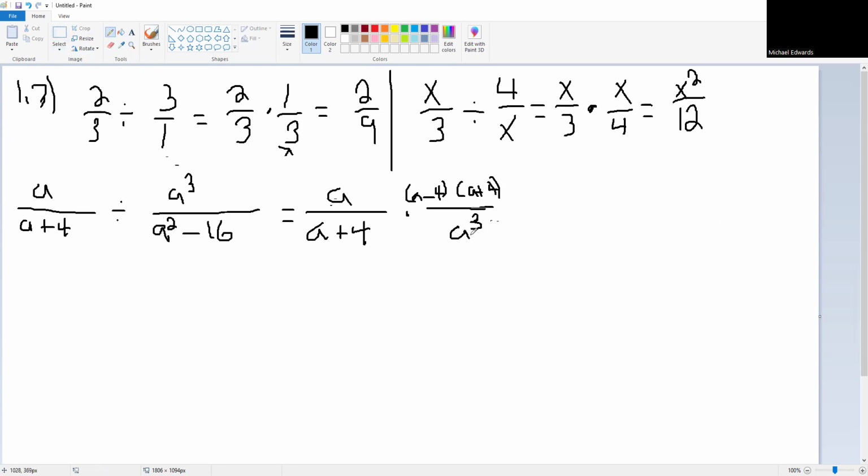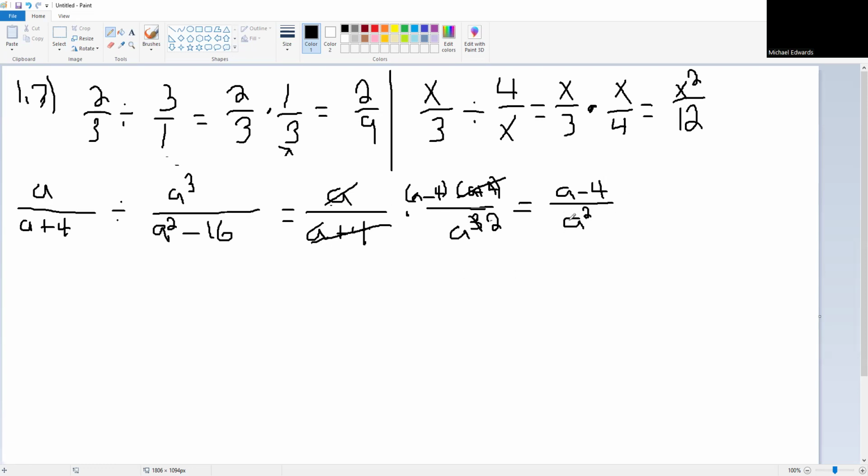Now we can start marking out stuff. So there's one a here, 3 a's there. Mark that one out, make it 2 a's. There's an a plus 4 here and an a plus 4 here. Mark that out. So that leaves us a minus 4 and a squared, if we did the multiplication.